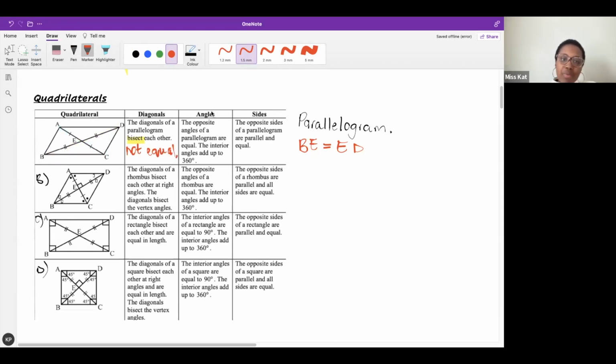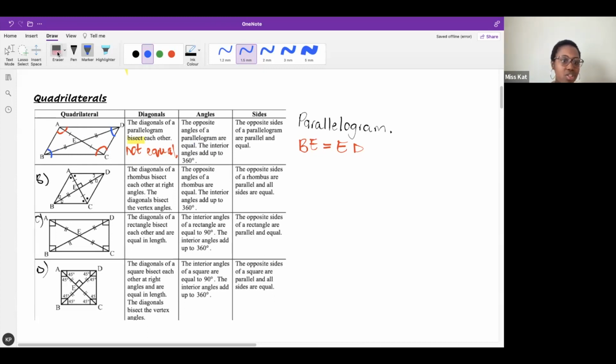Okay, now when we talk about angles, the opposite angles of a parallelogram are equal. So angle A will be equal to the angle at C. So this whole angle over here will be equal to that whole angle over there. And similarly, the angle at D will be equal to the angle at B. So opposite angles are equal.